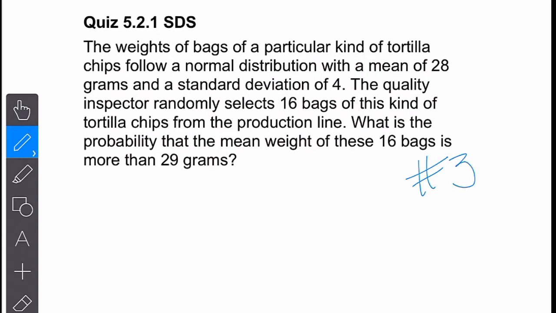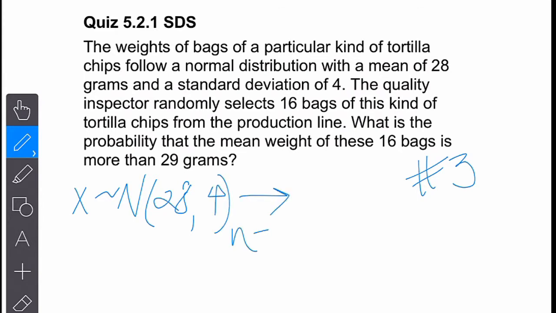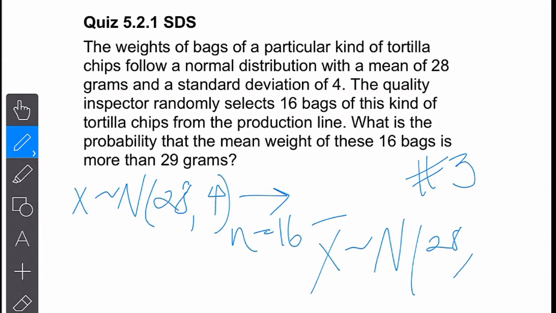So you know that X is normal, they tell you, with a mean of 28 and a standard deviation of 4, and then with an n of 16, that means that the sampling distribution of the sample mean is also the same shape, normal, with the same mean, but a smaller, tighter distribution, so that the standard deviation is actually going to be 4 divided by square root of 16, which is 1.